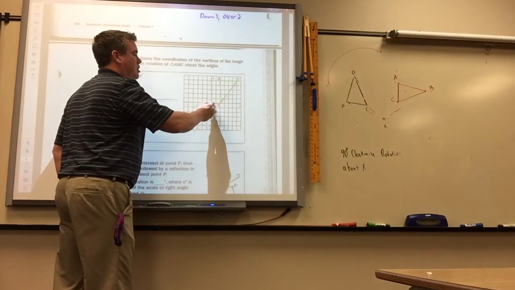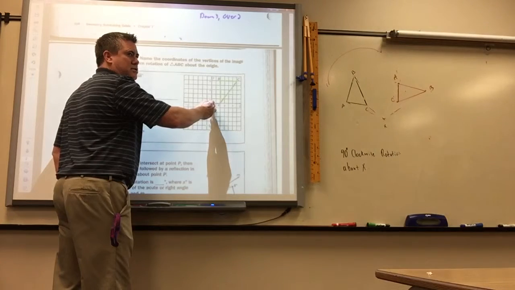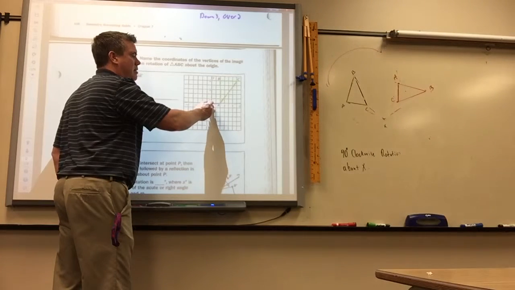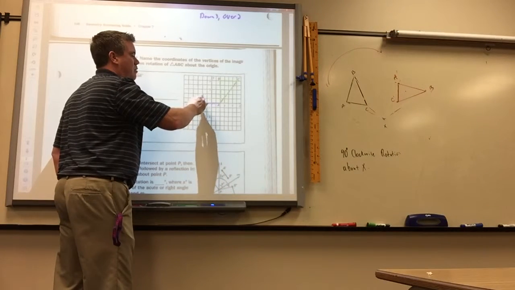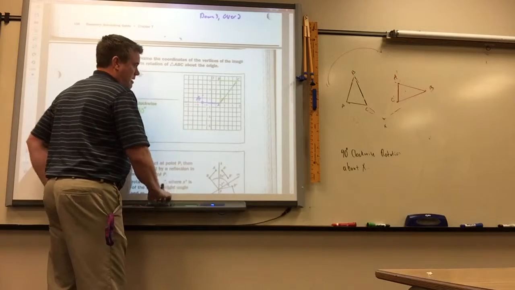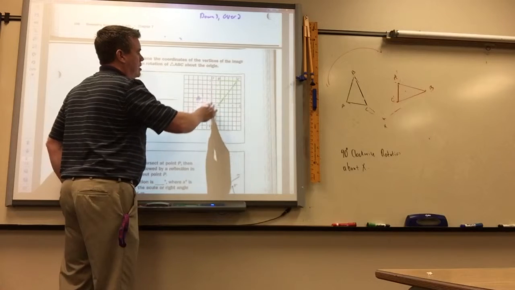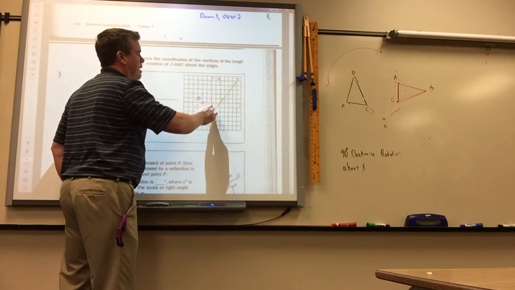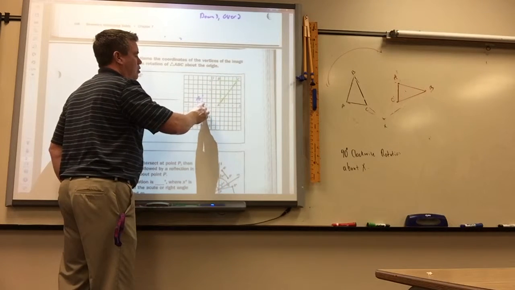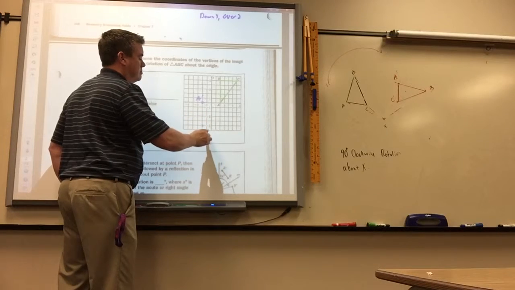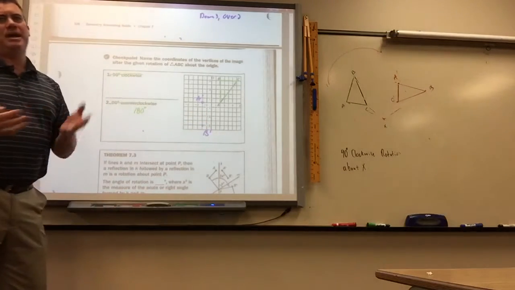From A to the origin is 2. Since it's 180, you got to continue a straight line, so A would be right there. From B to the origin, it's over 2 and down 5, so you go over 2 and down 5. You don't do the opposites like on a 90.